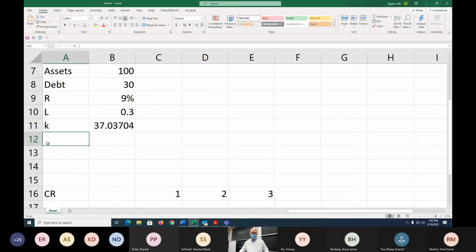So let's do expected ROA, and we know that's 10.3%. And let's do the standard deviation of ROA.